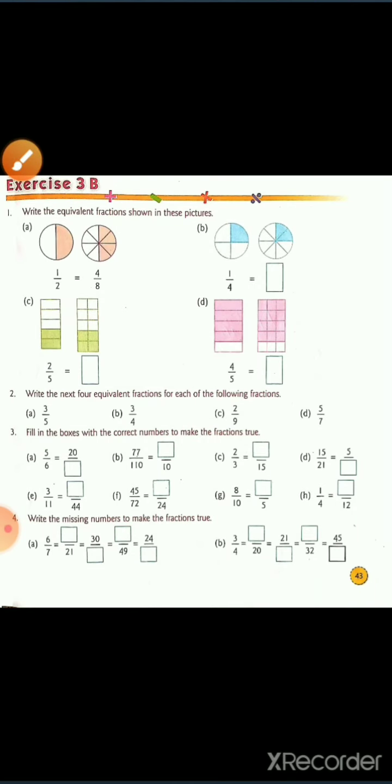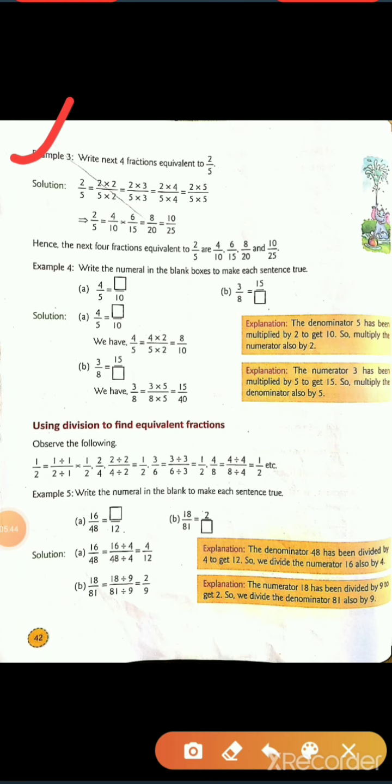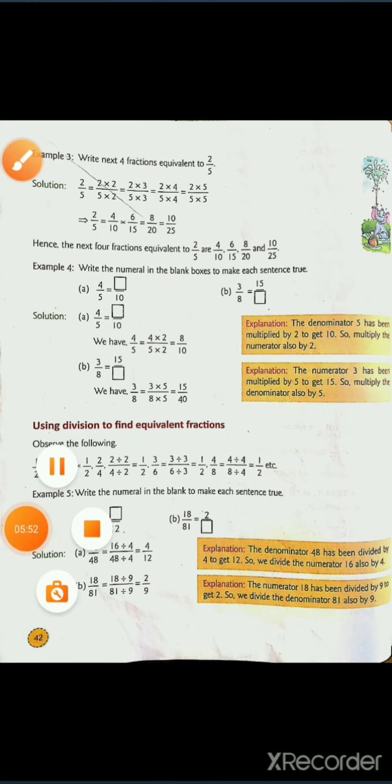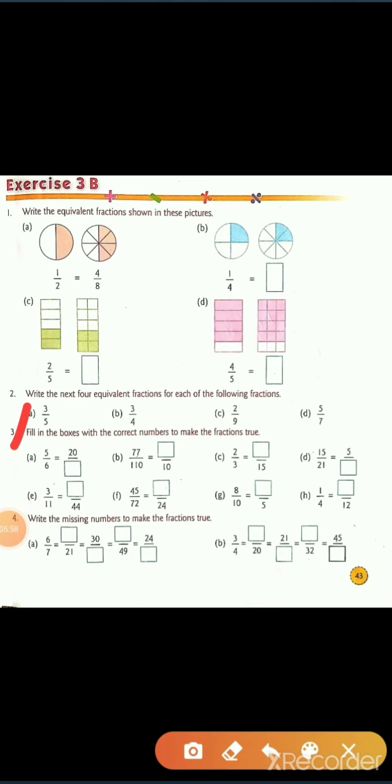And we know one example is already given in your book. In Example 3, page number 42, write the next 4 fractions equivalent to 2 by 5. Similarly, you can do that one. The third question: fill in the boxes with the correct numbers to make the fractions true.